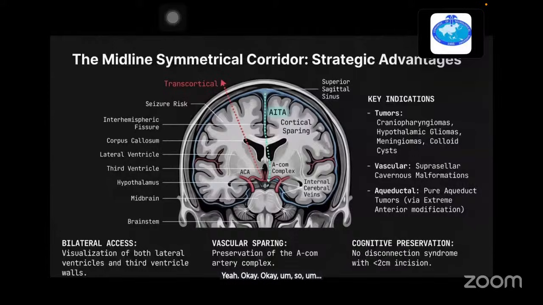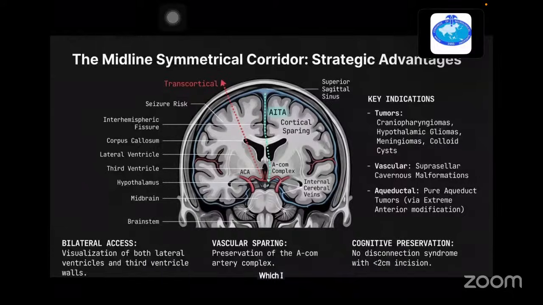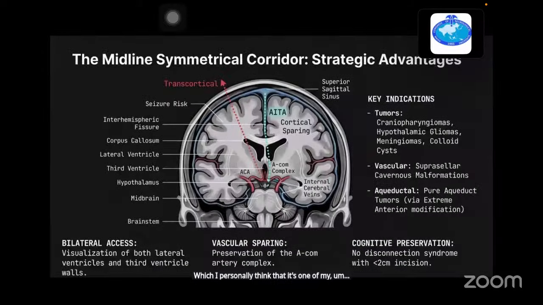There aren't that many presentations, I guess, about this anterior interhemispheric approach, which I personally think is one of my preferred approaches for the midline structures.